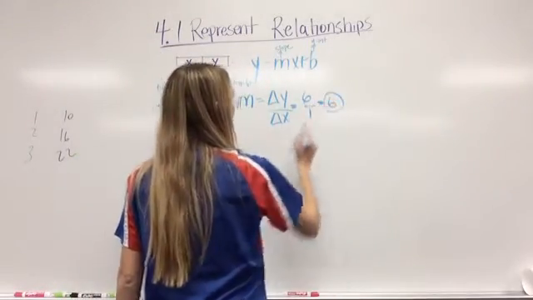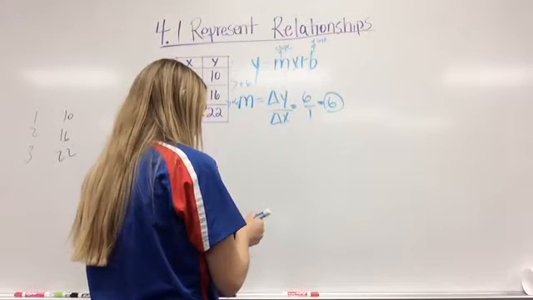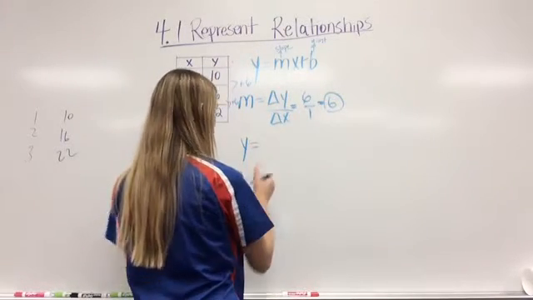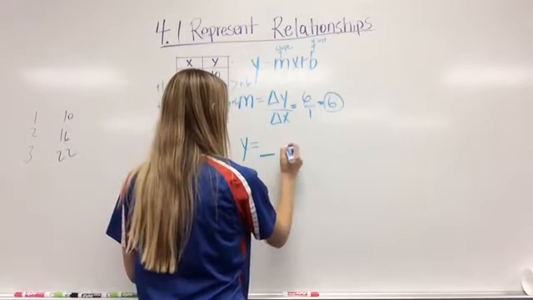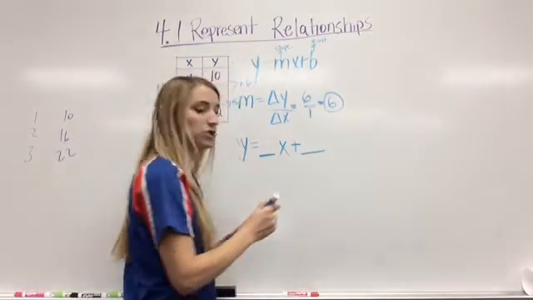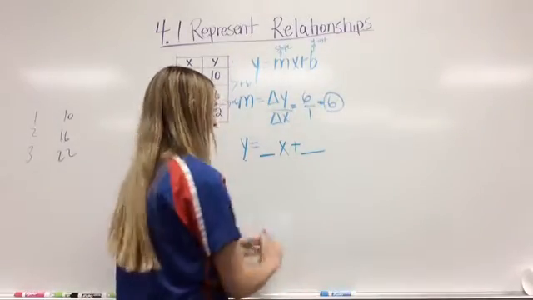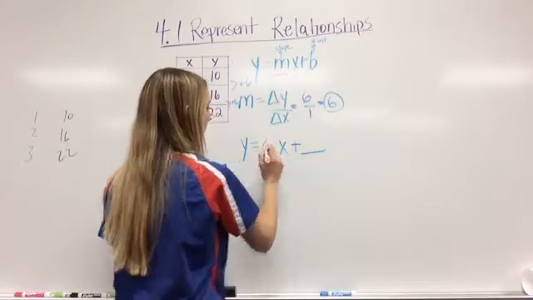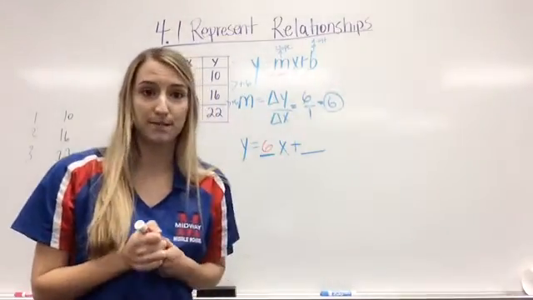Okay, so I'm going to go ahead and write that in my equation. So I still have y equals mx plus b. So we're just filling in these blanks. This is my m right here, and I got 6. So now I have to find my y-intercept.